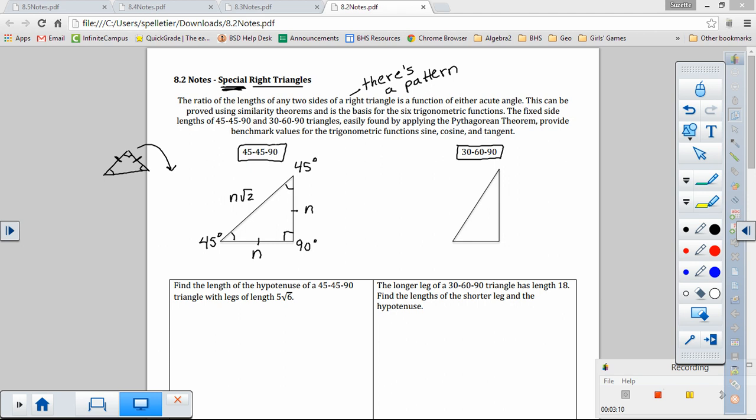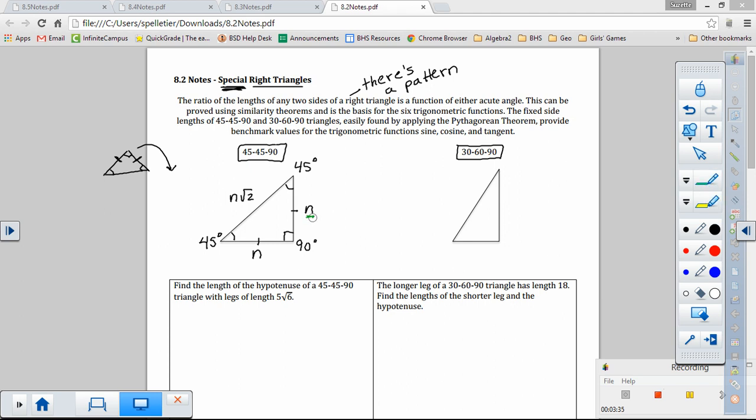It's more accurate to just say square root of something than it is to actually put the square root into your calculator and then have it give you a super long decimal that you then have to round. Every time you round, you're taking away some of the specific value of that number. So we always want to leave it in root form when we can. Okay, so 45, 45, 90, the two sides are n, and the third side is n square roots of 2.